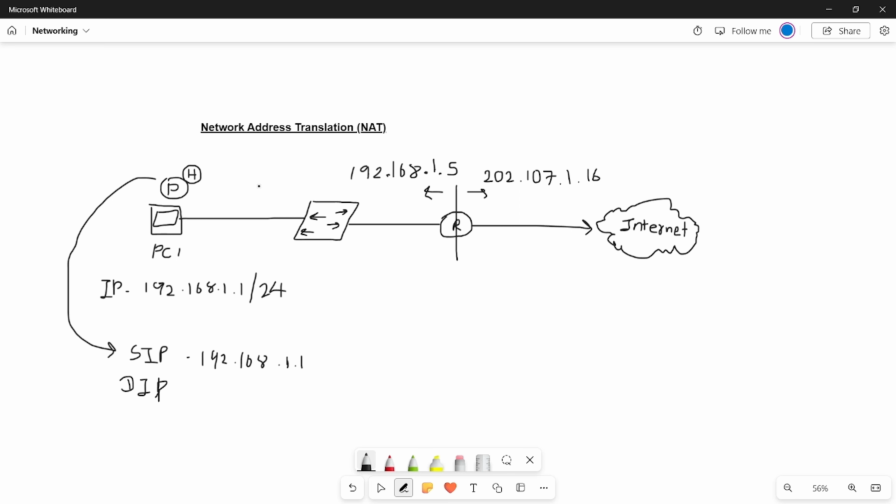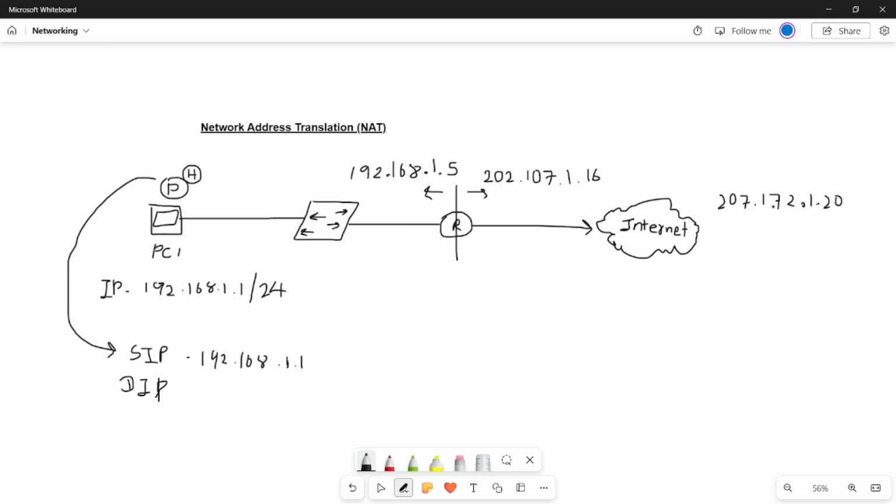When the packet is transmitted to the internet, it should go through this router. The source IP of the data packet is this IP of PC1. Let's say we want to transmit the data packet to a PC on the internet with IP address 207.172.1.20, like this.